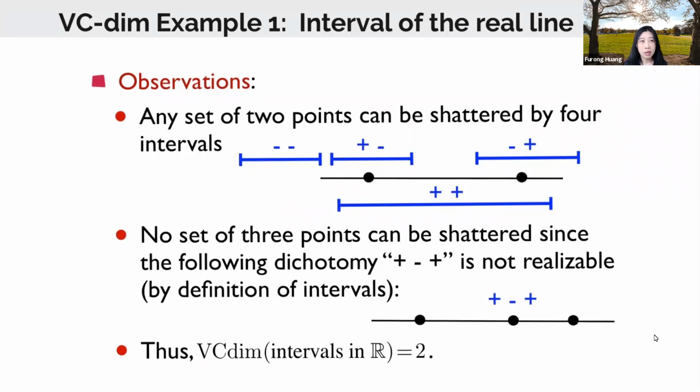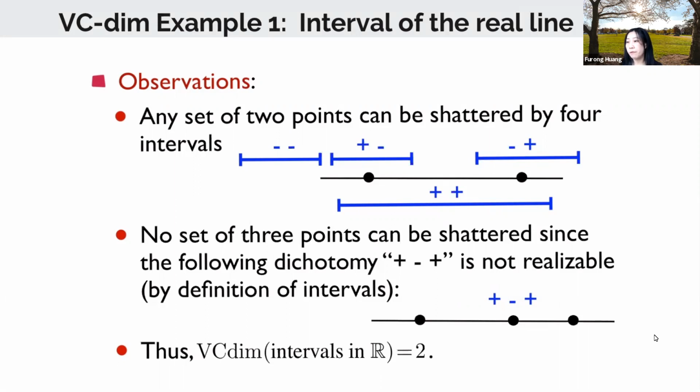This means that every point falling within the interval will be labeled, let's say, +1, and everything outside of the interval will be labeled -1, or vice versa: everything within is -1 and everything outside is +1. Both are fine. This is the so-called H. H includes every possible interval of the real line. So is H clear here?